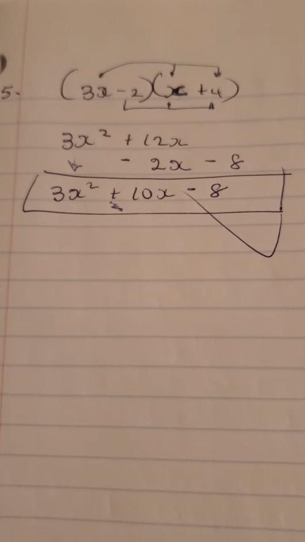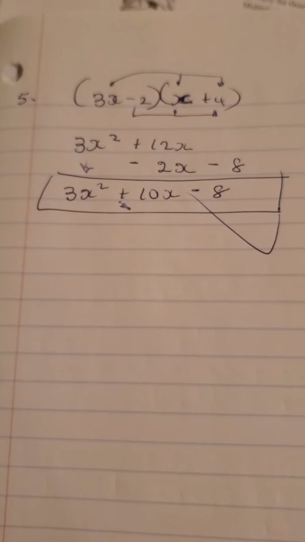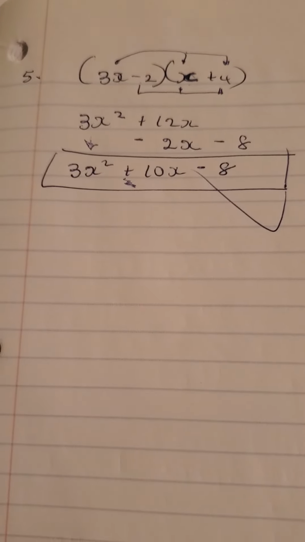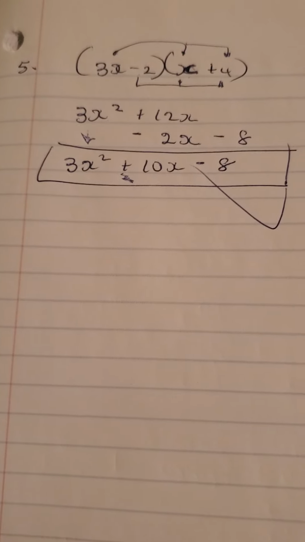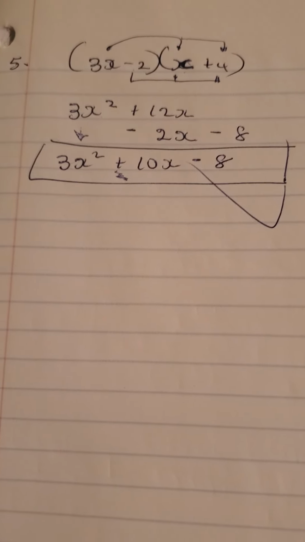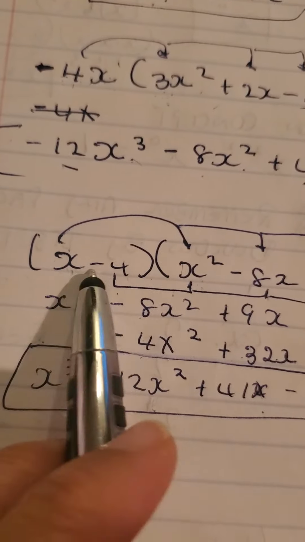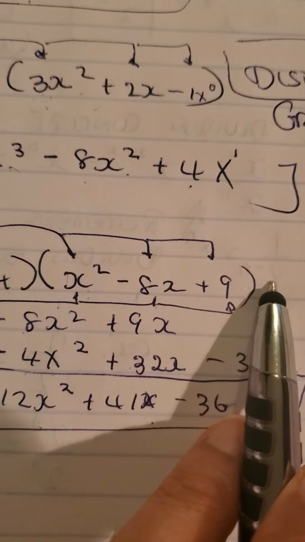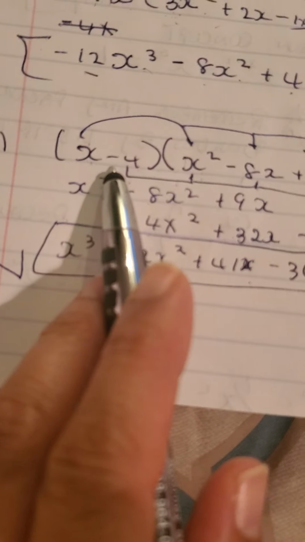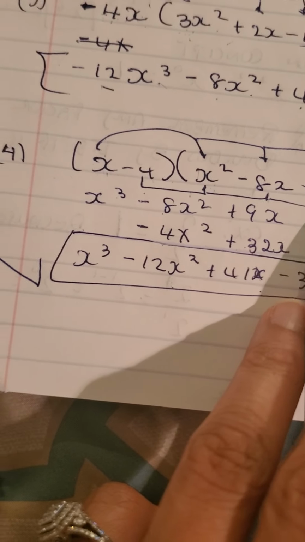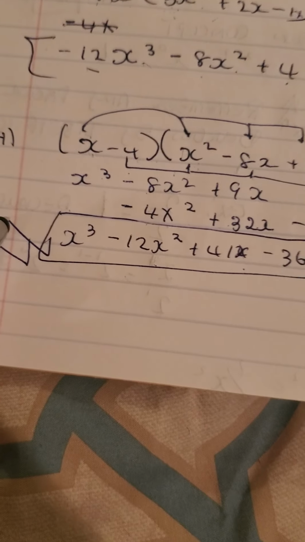And that's it for multiplying polynomials, guys. And this is slowly delving into our introduction of factoring, because factoring is actually the reverse. You see, what's happening here is that you have your terms in factored form, and when you multiply them, they become terms.